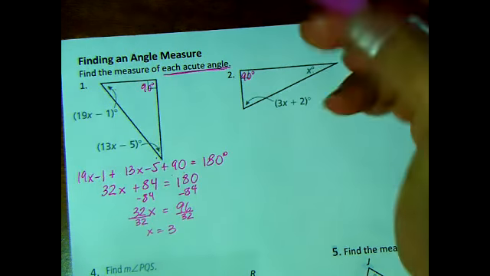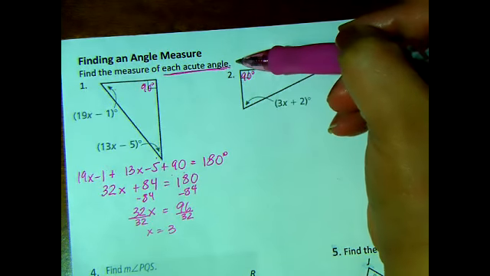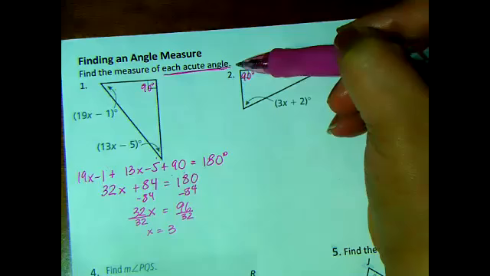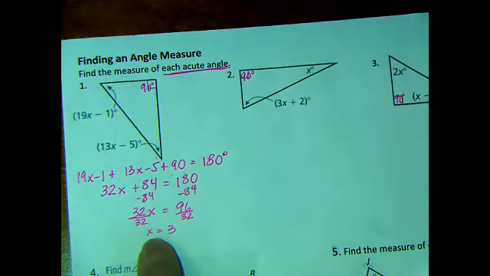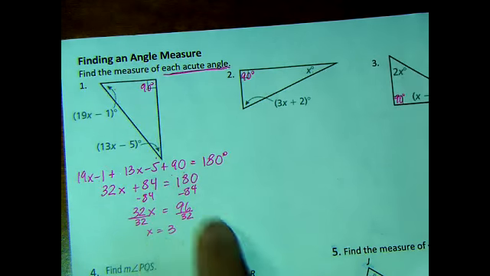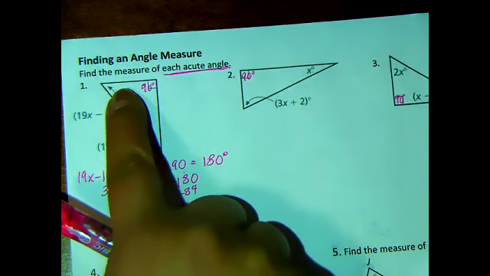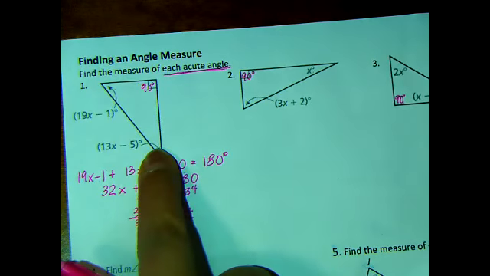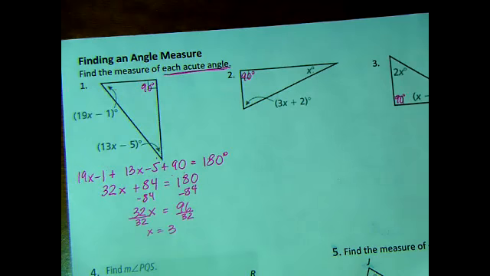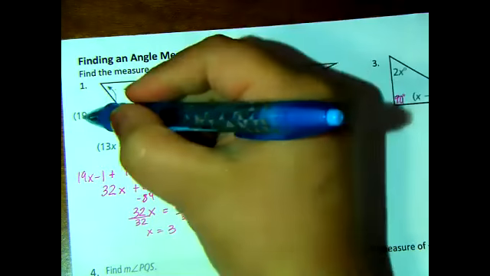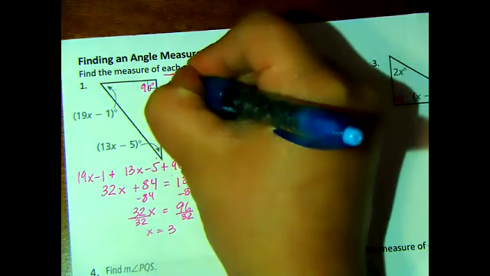Okay. My directions are not find x. My directions are find the measure of each acute angle. So I need to take this x and plug it into here and here to find the measure of this acute angle and this acute angle. So I'm going to do that right up here. 19x minus 1.